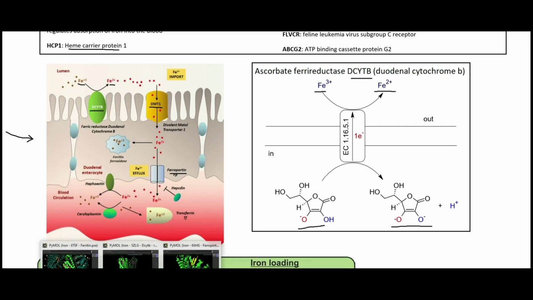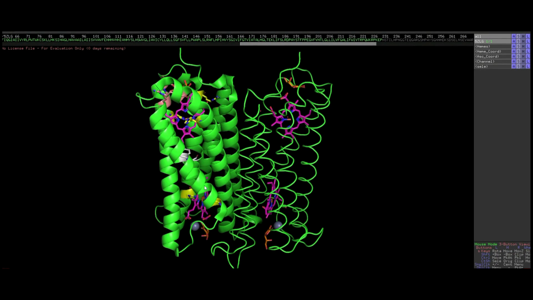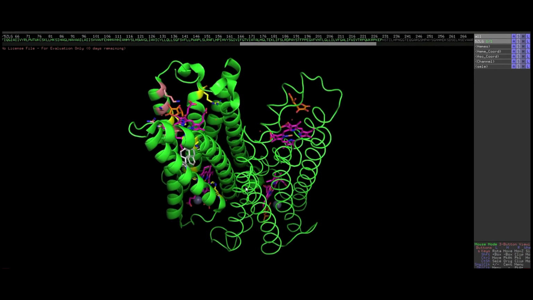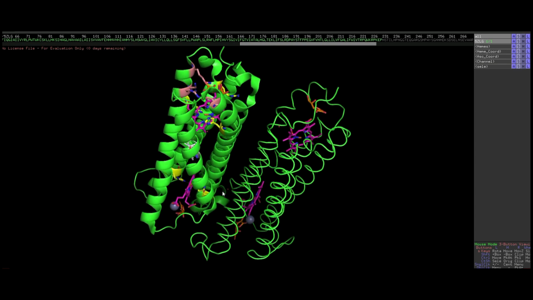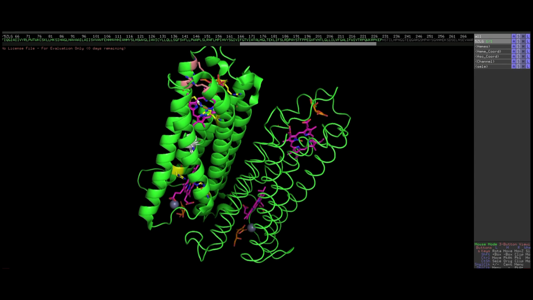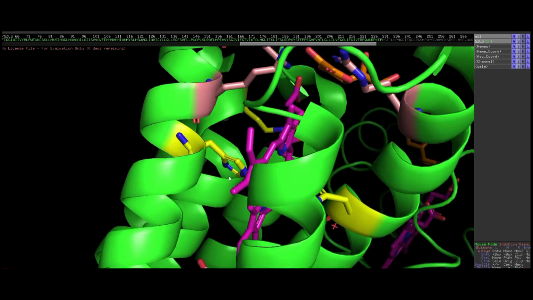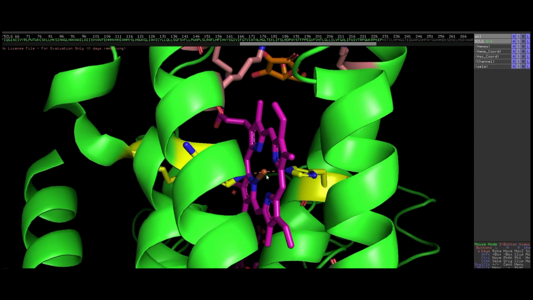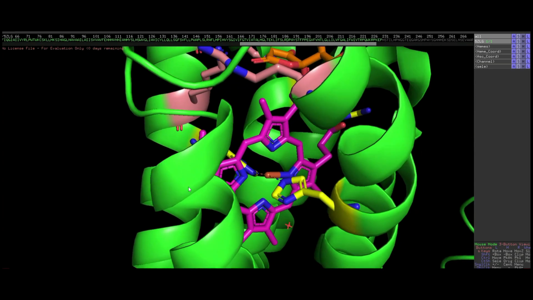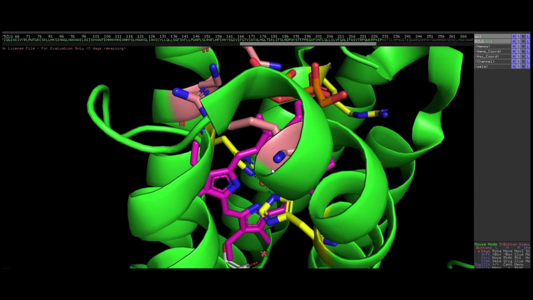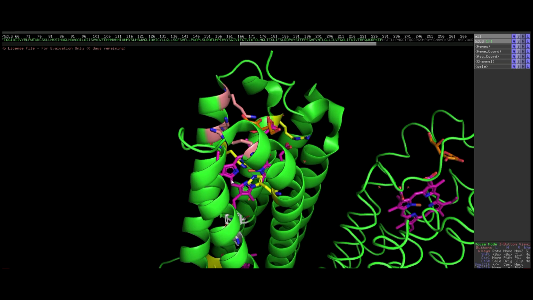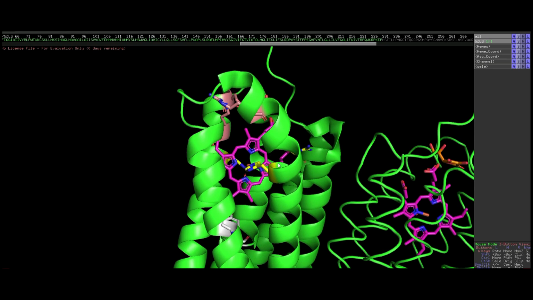We can look at the structure of this right here. We see that it's a homodimer. If we zoom in on this side, we see these hemes here, which are what will hold on to the iron when it's on these proteins.